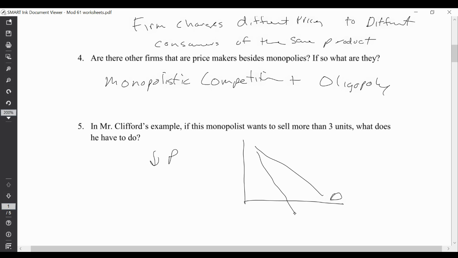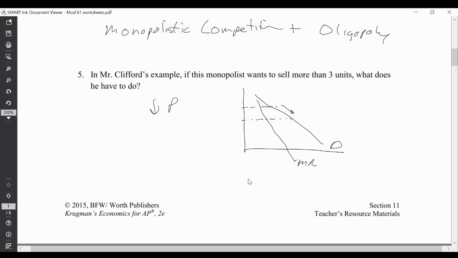So if he were to lower the prices, he'd have to lower them for everyone. To get more people to buy, he'd have to lower the price and charge everyone that lower price. He can't just pick and choose.